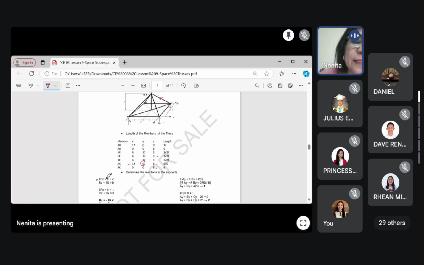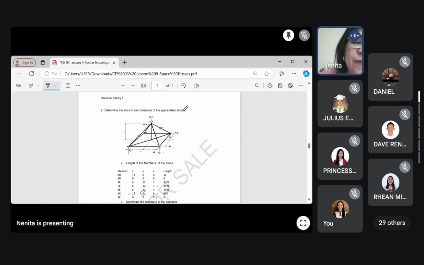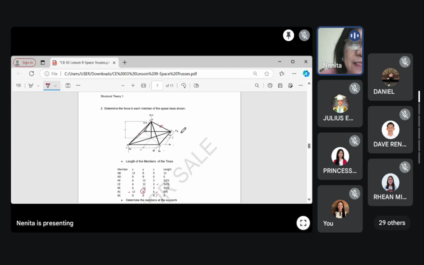This is our z-axis. What do we have on the z-axis? Look at our given. Our 15 is along the z-axis. So this 15 force has no X and Y components. So, we can get the 15 because it is on the z-axis.